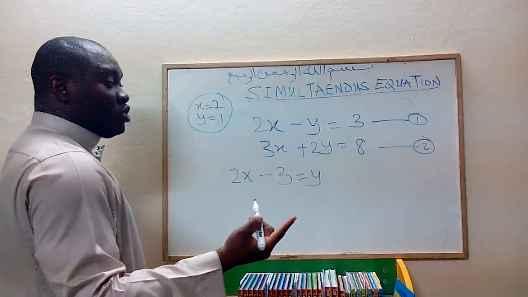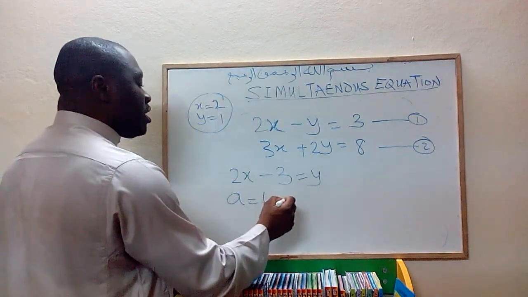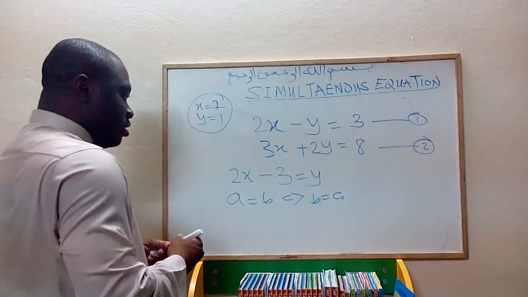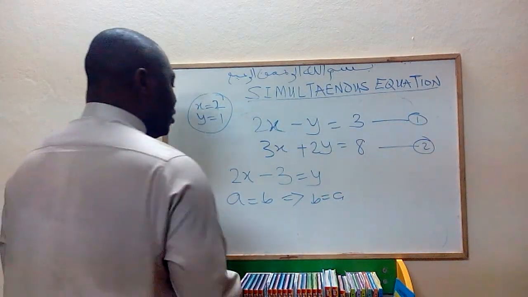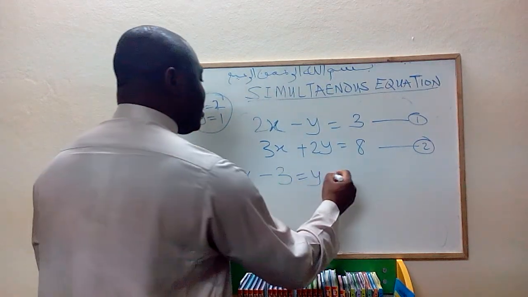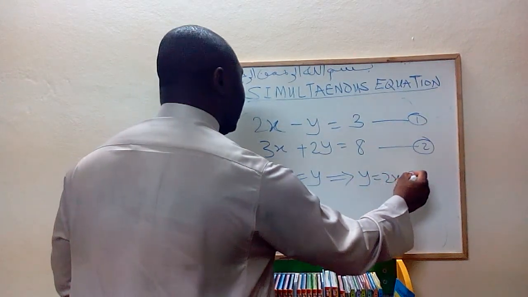And note, importantly, in an equation, if you have a equals b, it also implies that b equals a. So what does that tell us? It tells us that 2x minus 3 equals y is simply the same thing as y equals 2x minus 3.